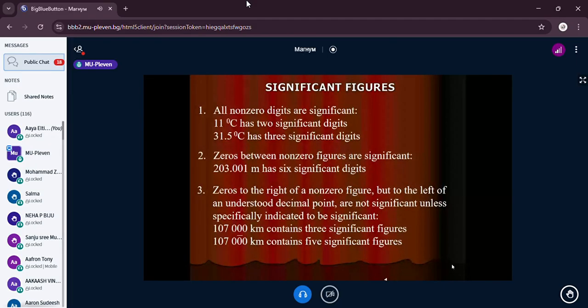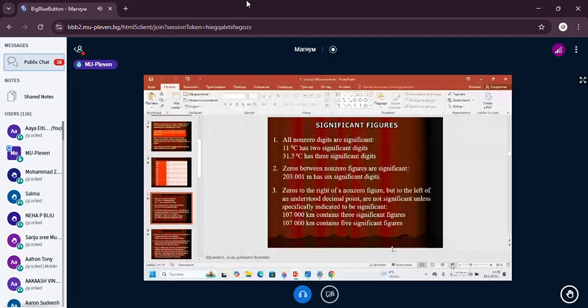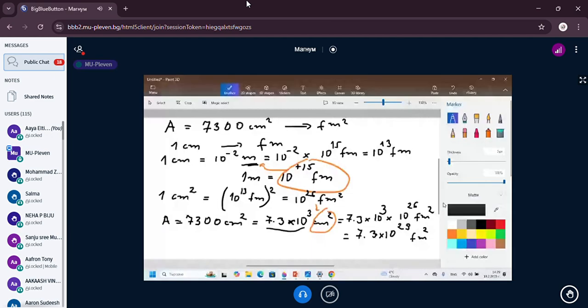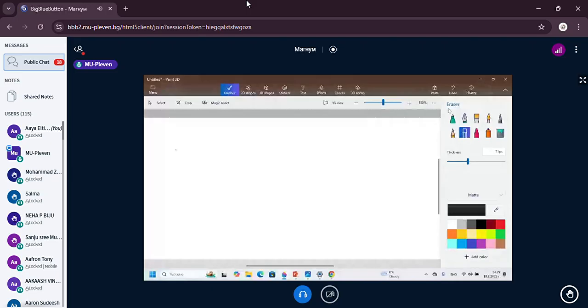So, for example, if you have to find some area, you need to multiply length times width. So that's why let me write length times width.